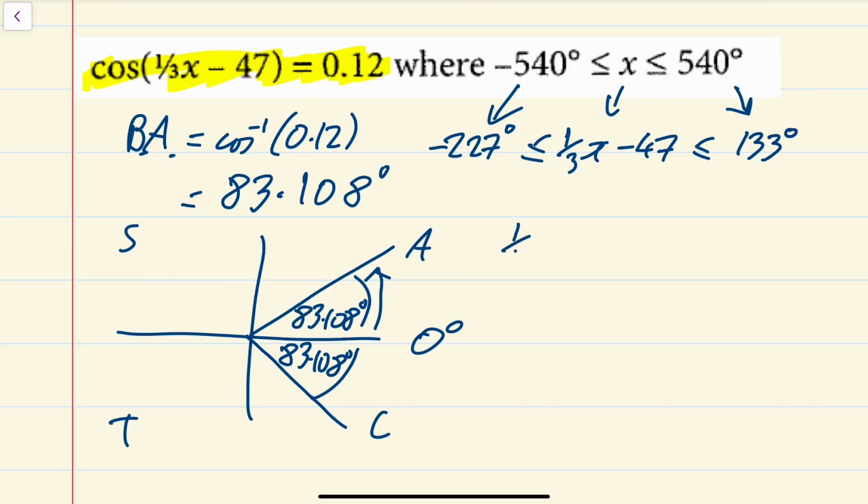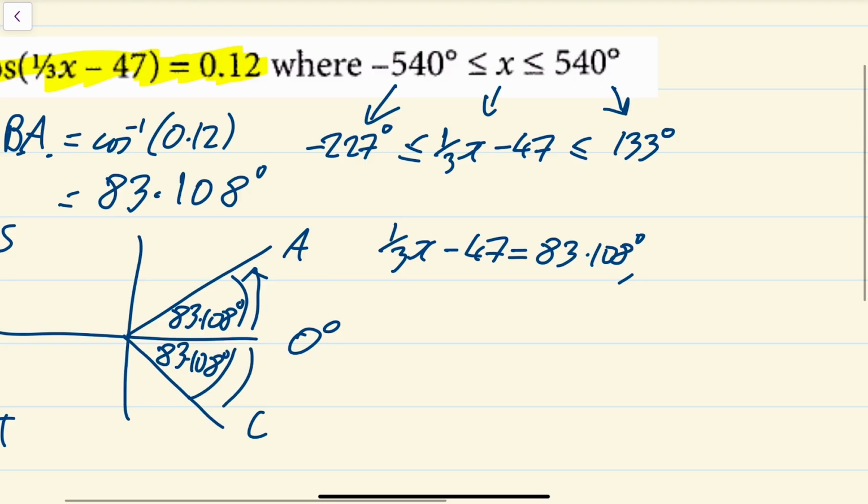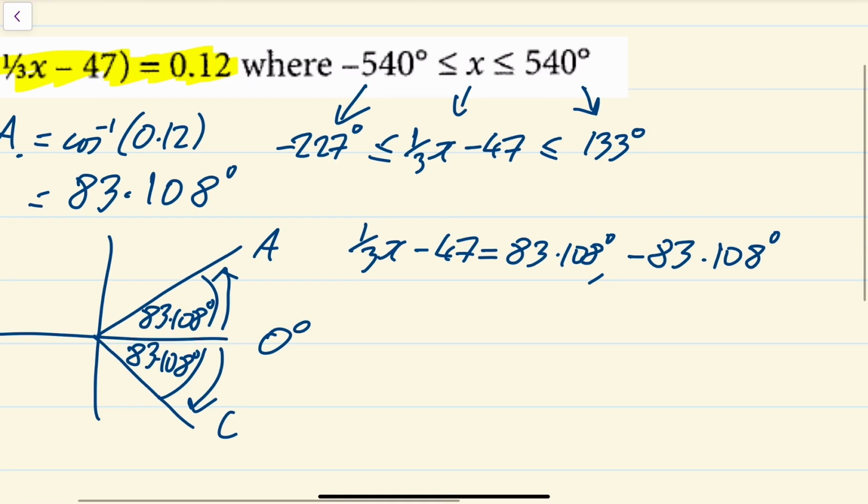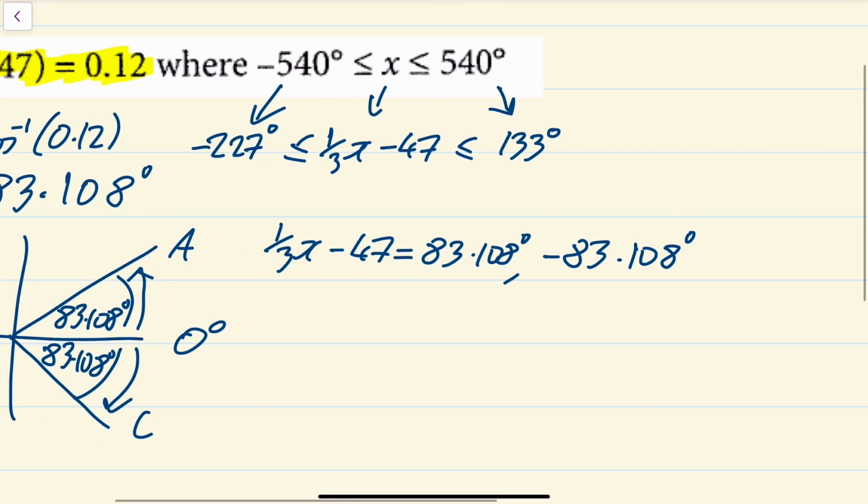So the positive way is going to be here. My first angle, 1/3 x minus 47, is equal to 83.108 degrees. Or it could be the negative way, which is minus 83.108 degrees. So you've got two linear equations here basically. First thing we'll do is bring the minus 47 across. Minus 47 comes across, it adds in.